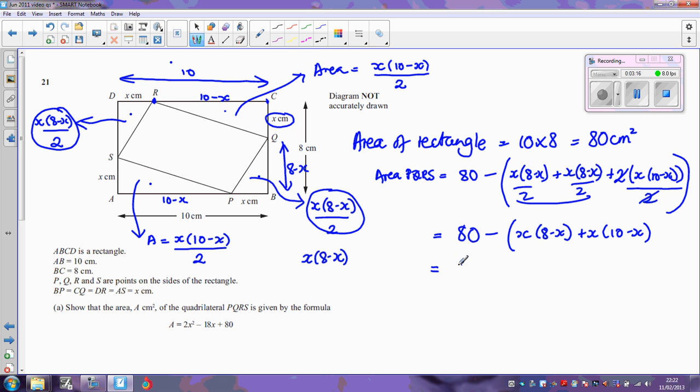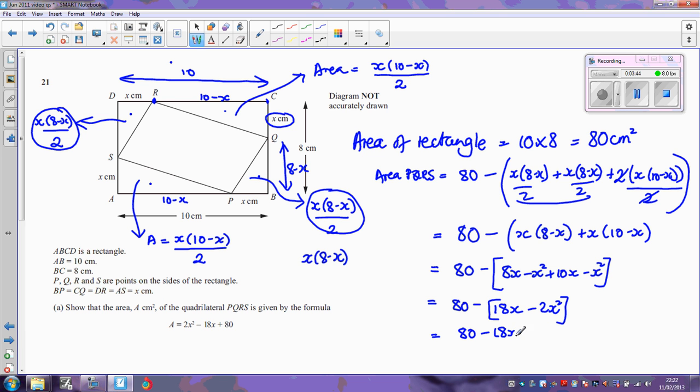And if I keep simplifying, that's going to be 80 minus, if I remove the brackets, I've got inside this big square bracket 8x minus x squared plus 10x minus x squared, and that's the same as 80 minus, if I just simplify inside the bracket, 8x plus 10x, well that's 18x minus 2x squared, and that's just the same as 80 minus 18x plus 2x squared.